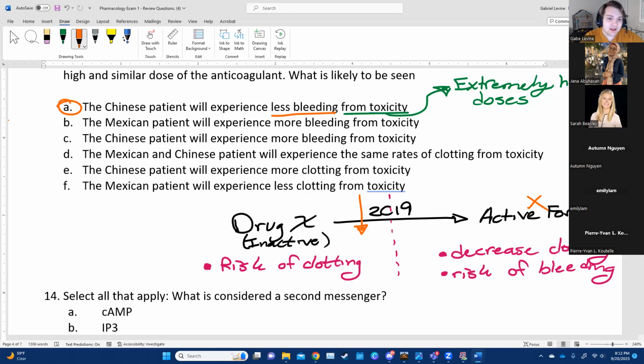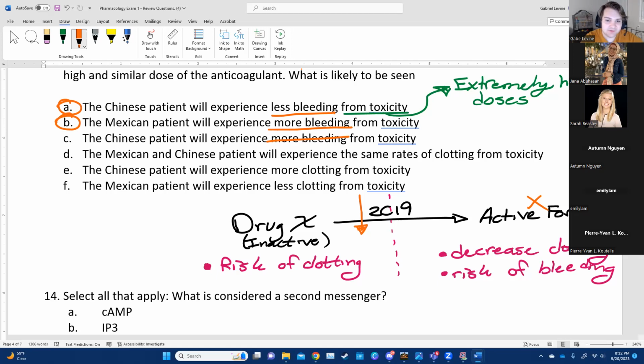On the flip side, a Mexican patient doesn't have this issue with 2C19, is able to make the active form, and so will they have more bleeding from very, very high doses? Yes, that is also true. Will a Chinese patient experience more bleeding from very high doses? No, we just decided it is less bleeding from high doses.